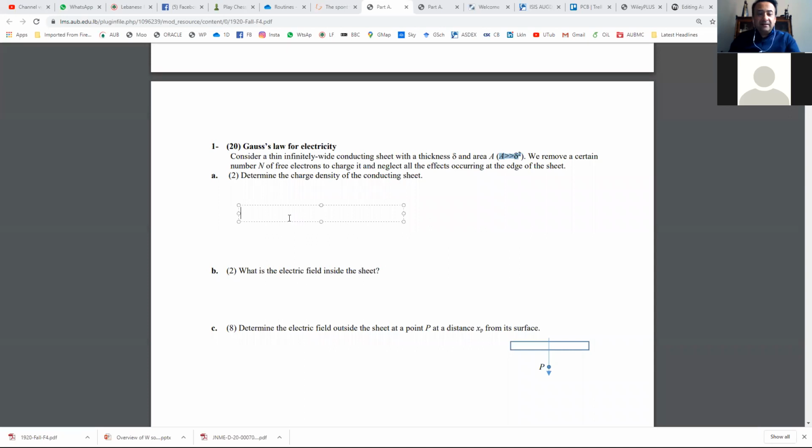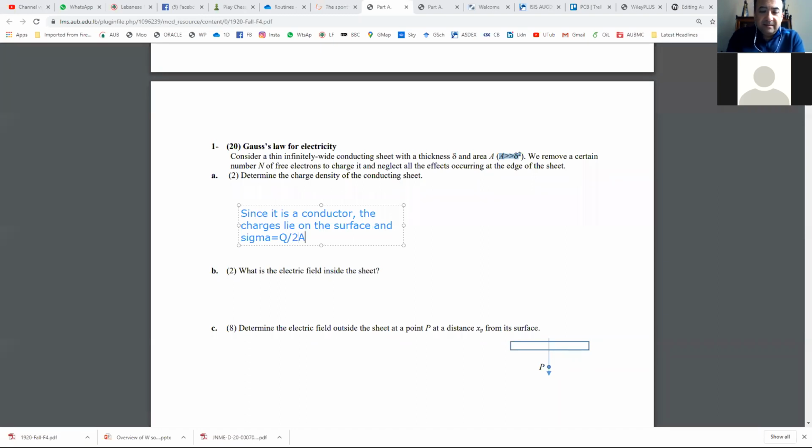All right. So here the answer should be: since it is a conductor, the charges lie on the surface and sigma is equal to Q divided by 2A.